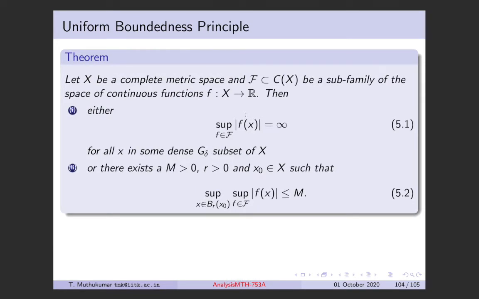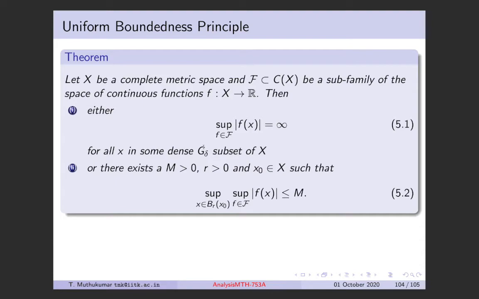Now let's do another important result, which is the uniform boundedness principle. The uniform boundedness principle tells you that if you start with a complete metric space X, and you look at the set of all real valued continuous functions on X, and take any subcollection of this space of continuous functions, then you have the following two possibilities.